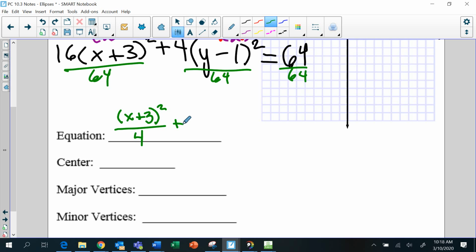Plus, here I'm going to reduce the 4 in the 64. So y minus 1 squared over 16 equals what? We now have it in the correct graphing form.